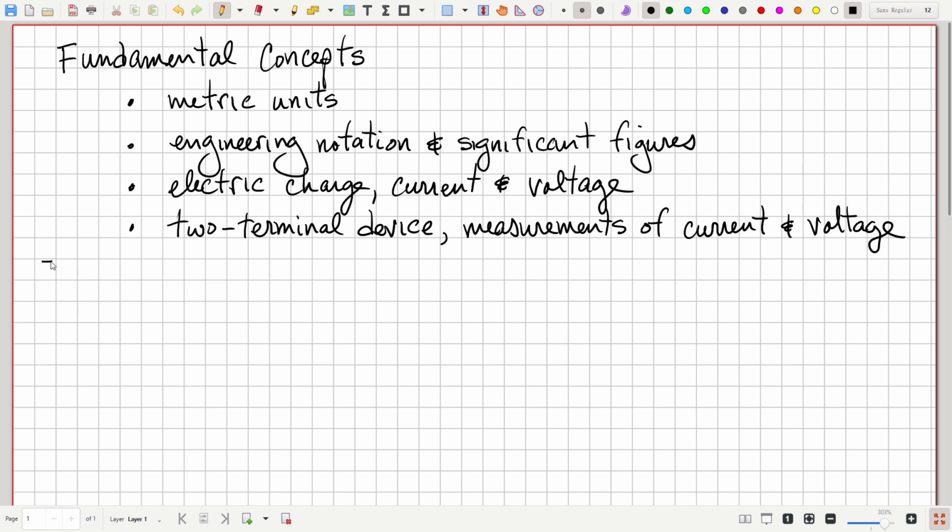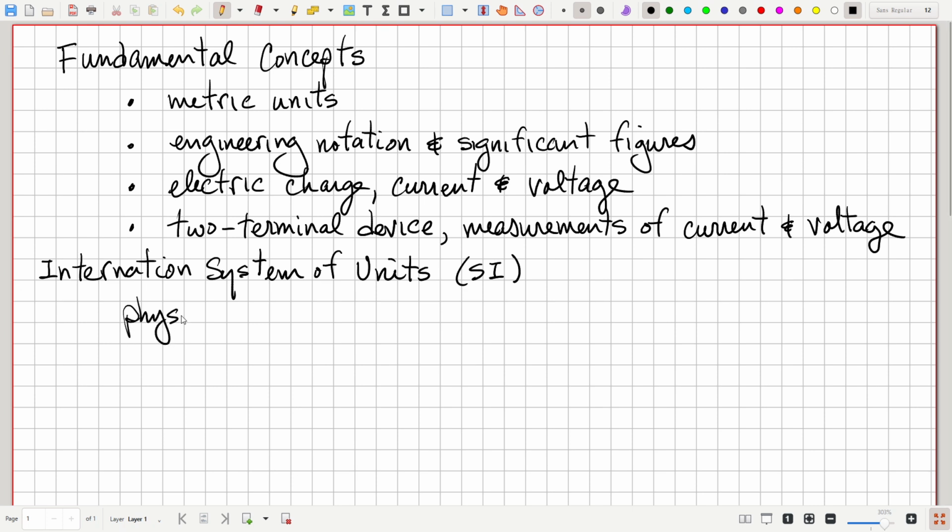So we begin with the current metric system, the International System of Units, or called SI units from the French version of International System. In SI units, we have some physical quantity.